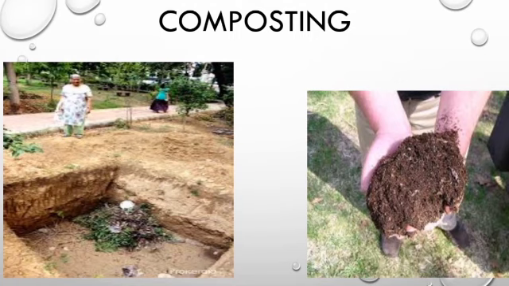Composting is a process by which decaying plants and vegetables are made into compost. Compost is a rotten material such as fallen leaves, vegetable waste, etc., which helps in growing plants. These rotten materials help the plants to grow.